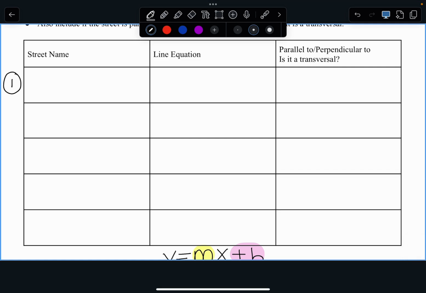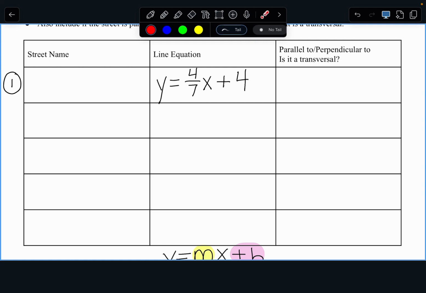For my first line, y equals my slope times x plus or minus my starting point. If your starting point was above, that's why it's plus. If your starting point is below, then this would be a minus whatever that number is.